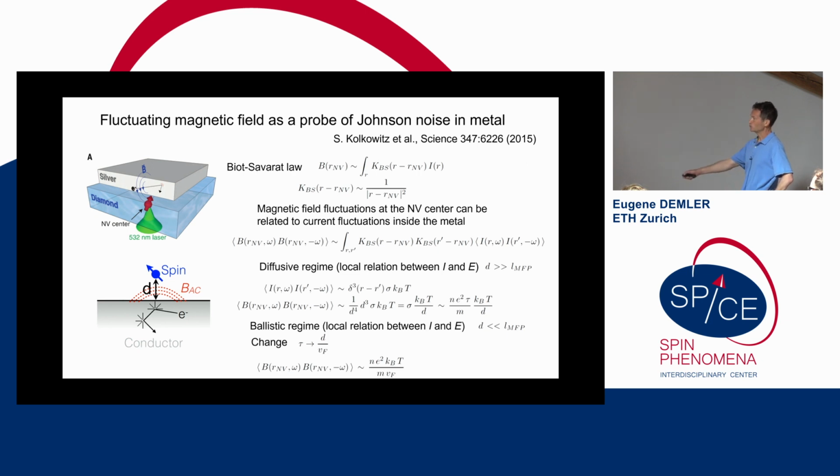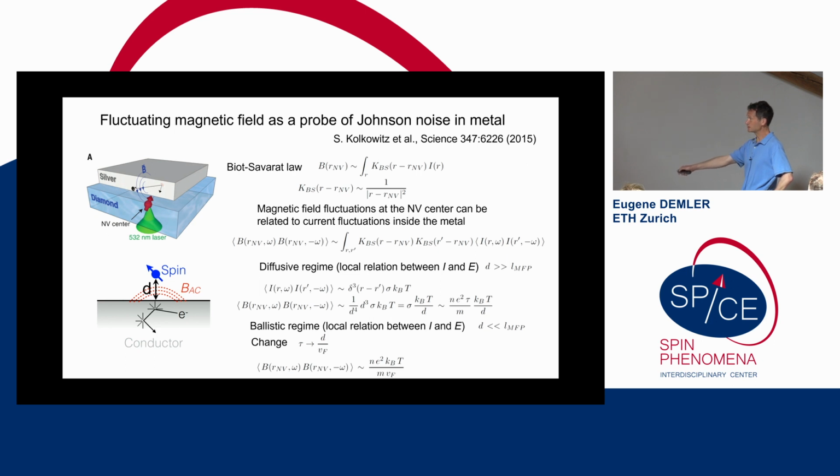Okay, when we see this formula, it is kind of big. A natural question arises: what happens as we start bringing the center closer and closer? Do we really expect divergence? And the answer is no, not really. Our simple representation of Johnson noise as something which is local in space only works as long as we're thinking about distances longer than the mean free path.